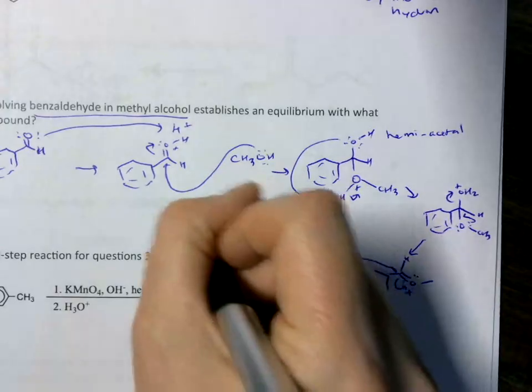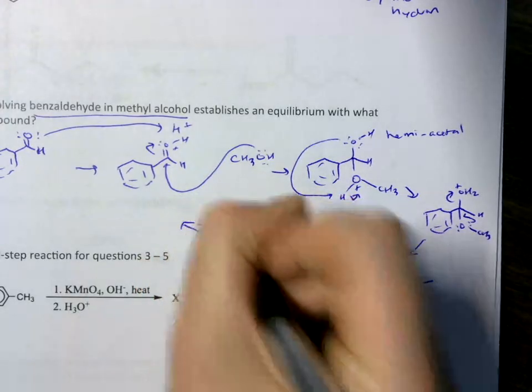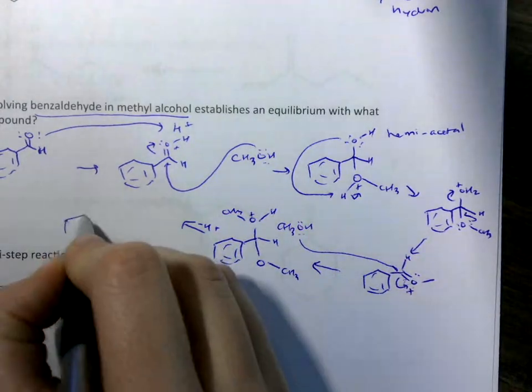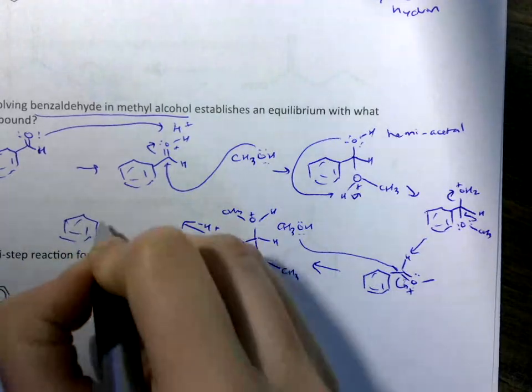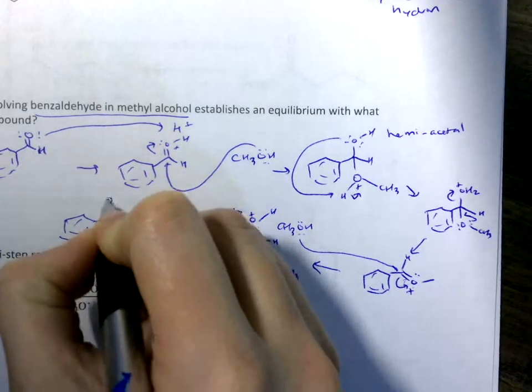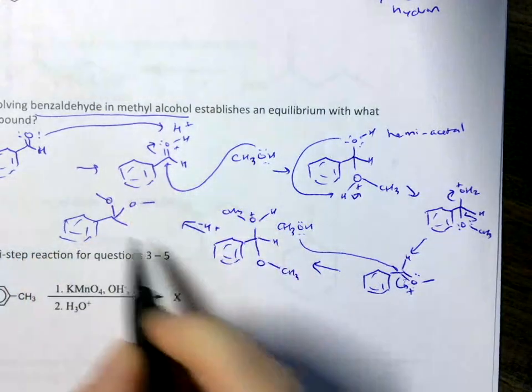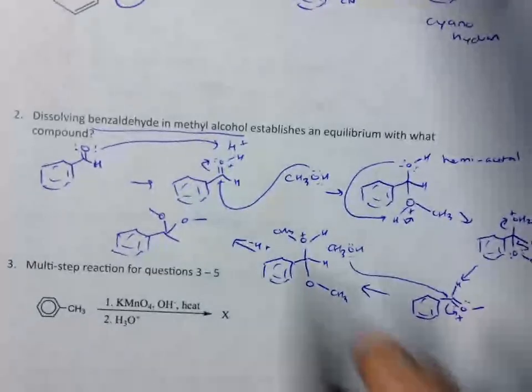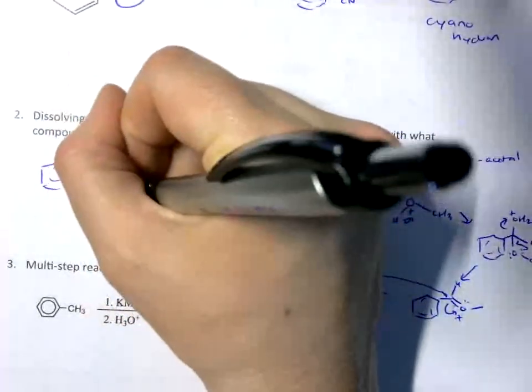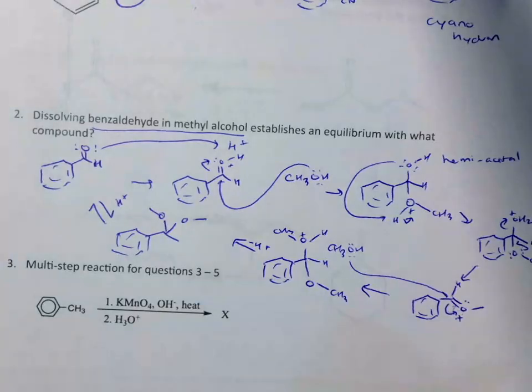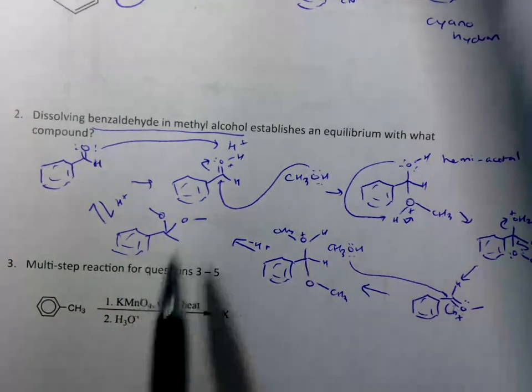And then you'd get a deprotonation step if we did a base workup, and you would isolate the acetal. So this would be your final product. So these two are in equilibrium in acidic conditions. So that is your answer for that one.